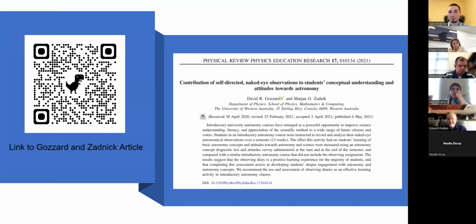This article talks about the use of naked eye observation journals in an introductory astronomy class, how they got the students to make these naked eye observations and keep a journal of it, and they researched the effect on the students' understanding and engagement and attitudes towards astronomy and science in general. So it was a really interesting little article.